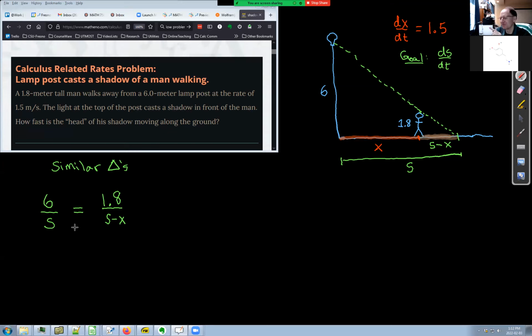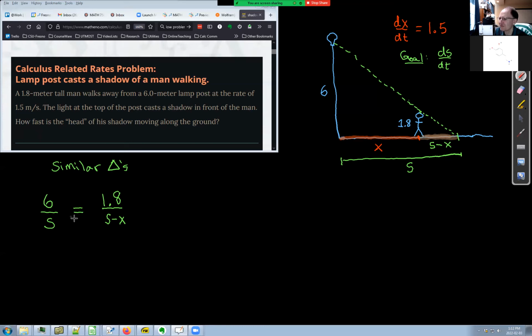But before we do that, remember that once you have your equation, you can always simplify it before you find derivatives. Any simplification is still a legal equation, and it might be easier. Finding the derivative of this would be hard because it's got fractions, so it'll be easier if we do a little algebra first.